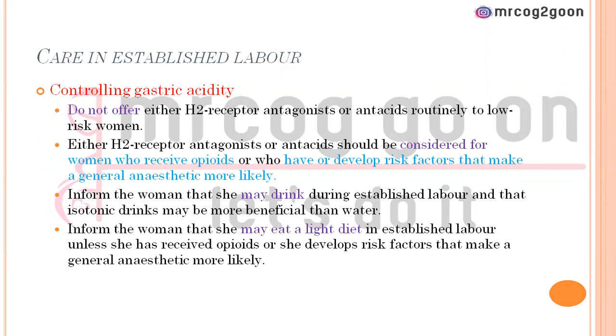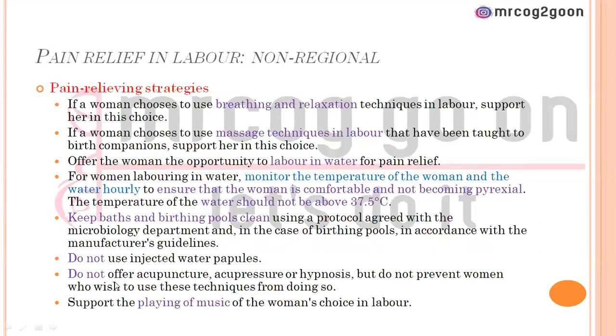Inform her that she can drink whatever she wants, especially isotonic drinks. She can eat a light diet unless she has received opioids, or she may go for general anesthesia.